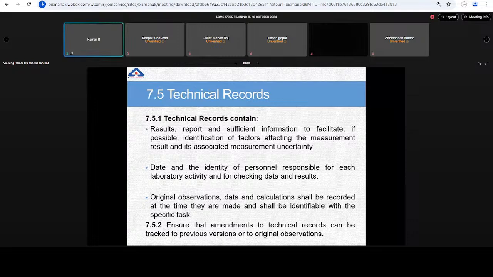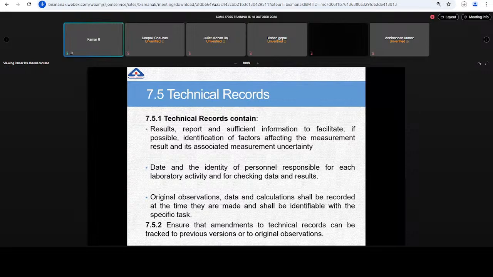So you have to record all the information sufficient for the measurement, the uncertainty, the calculation and all. That's what the technical requirements say: results, report, and sufficient information to facilitate, if possible, identification of factors affecting the measurement result and its associated measurement uncertainty, the date, and the identity of personnel responsible for each laboratory activity and for checking the data and results.